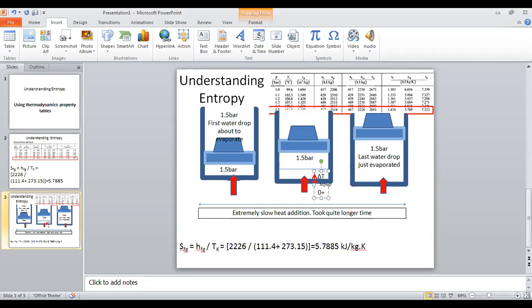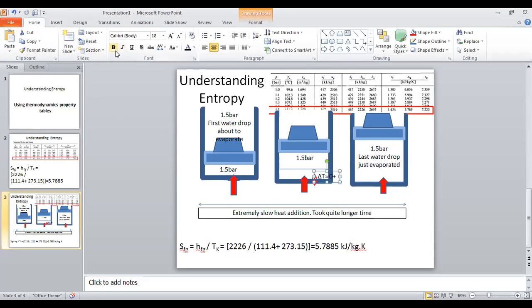Delta T is very small. When you have an extremely small delta T, this is a very slow heat addition, which takes longer time.